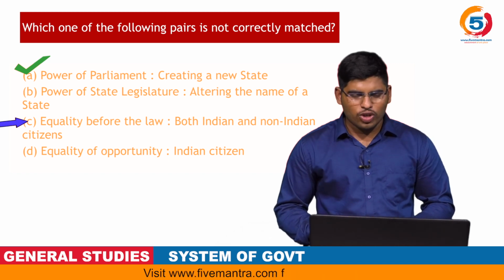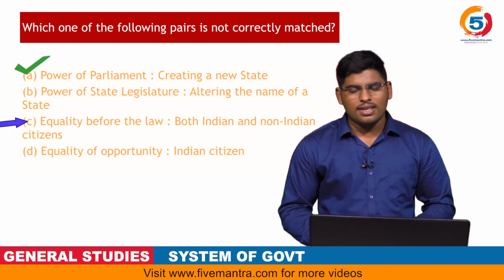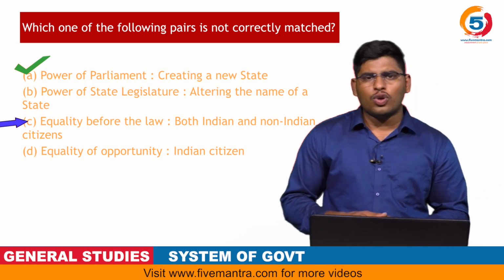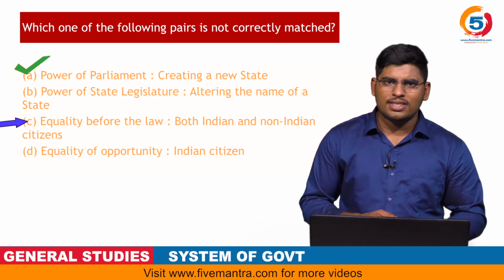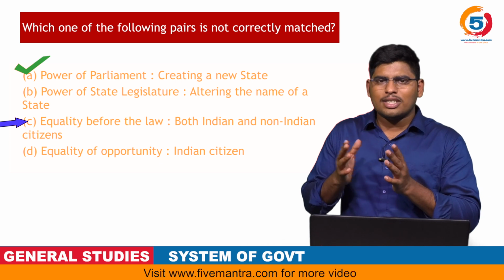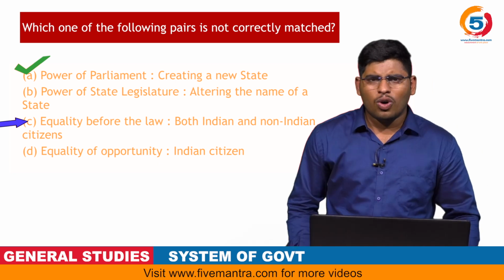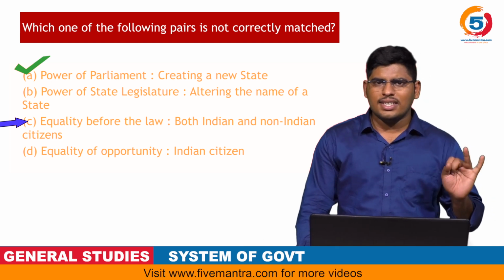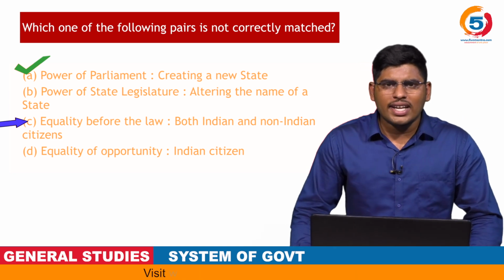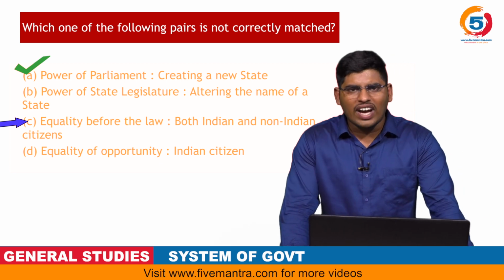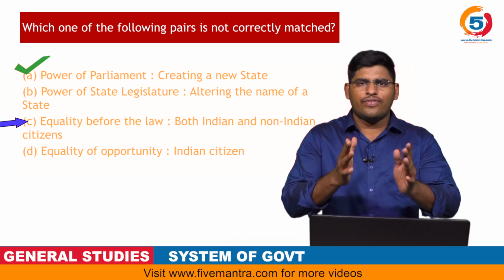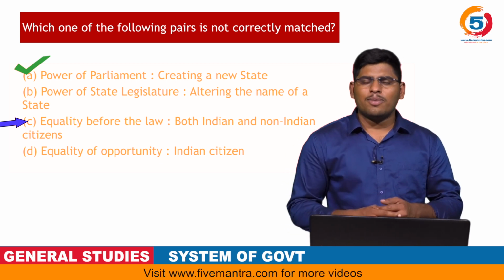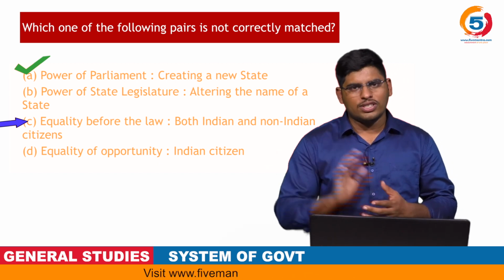Third option, equality before the law, is applicable to both Indian and non-Indian citizens. It is Article 14, and Article 14 is applied to both Indian and non-Indian citizens, and there are some fundamental rights which are only for Indians, that is Article 15, Article 16, Article 19, Article 29 and Article 30. These 5 articles are exclusively for Indian citizens, and the rest of the fundamental rights are applicable to both citizens and non-citizens.